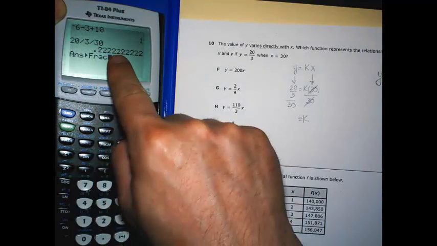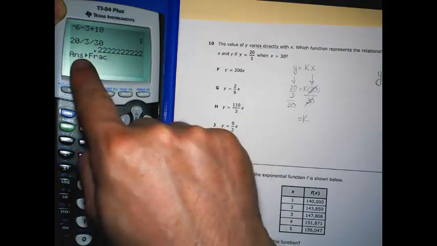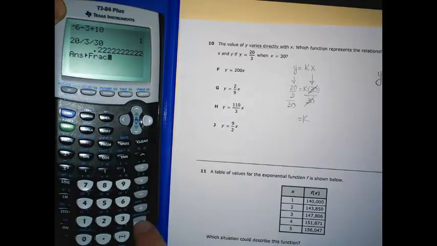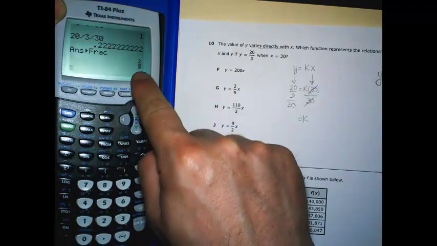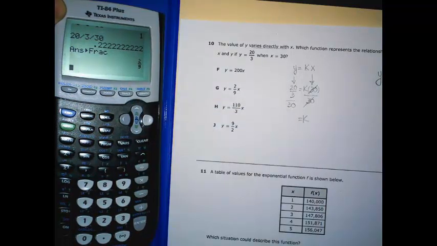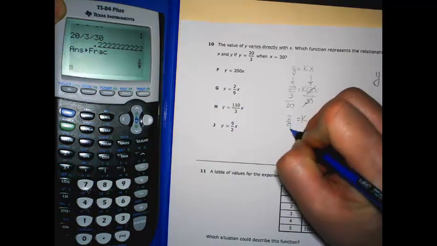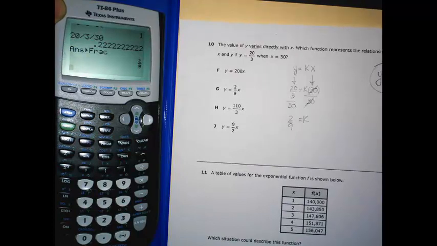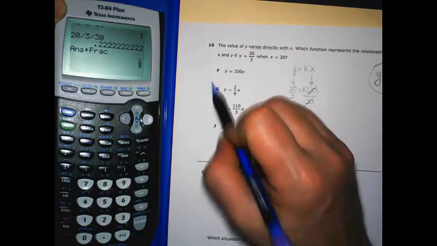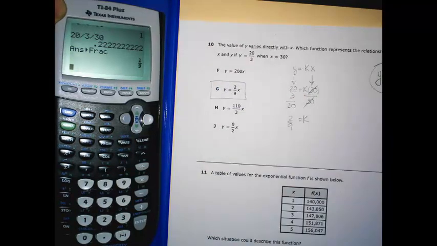We take that answer, 0.2222222, and change it into a fraction. By pressing enter, the calculator changes it to a fraction, 2/9. So we found out that the number between the y equals and the x is 2/9. So this is the equation we're looking for, and that's your answer.